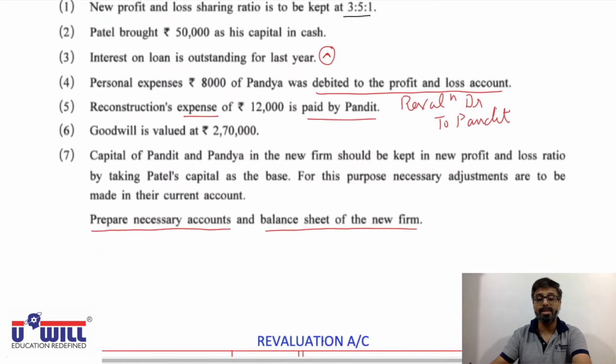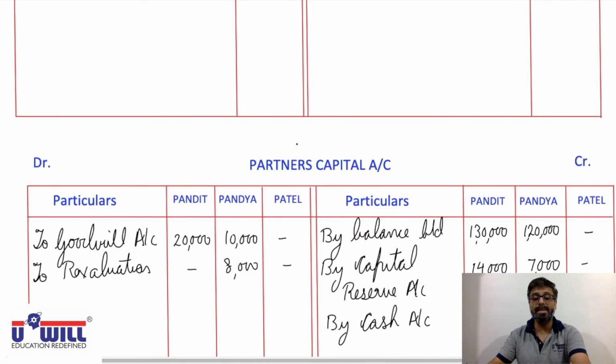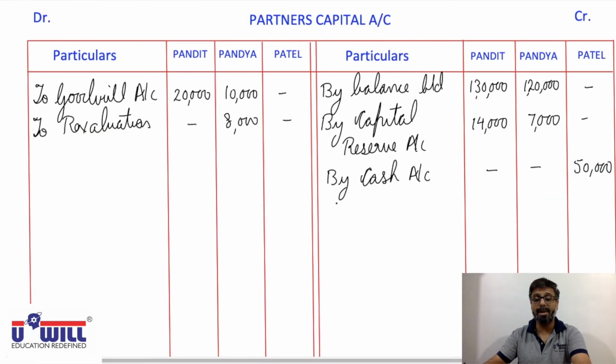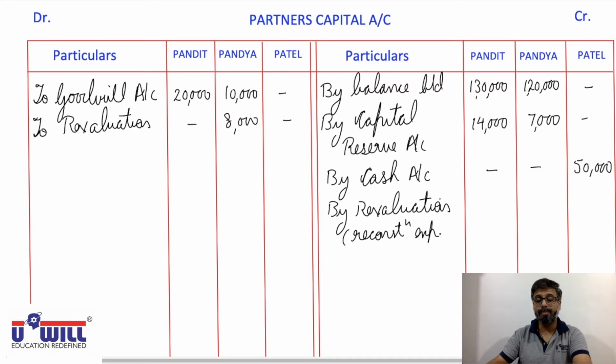Okay, the amount you can see is 12,000 to Pandit's capital account. So in partner's capital account on credit side by revaluation account, in bracket reconstruction expense, in Pandit's column 12,000.